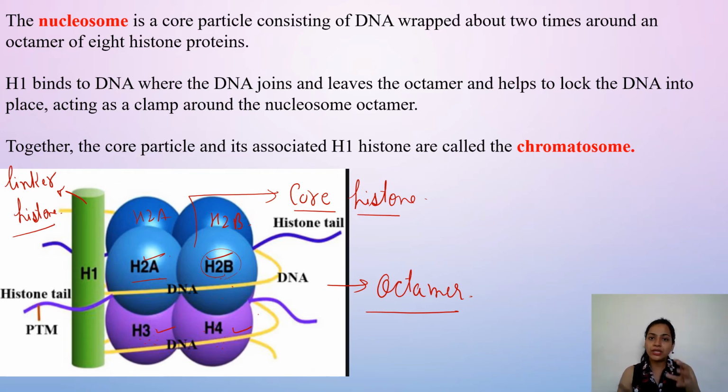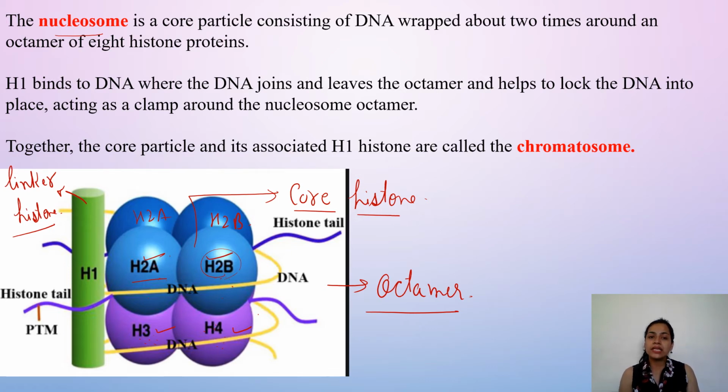So what happened during the packaging of the DNA? These 4 histones will form an octamer structure, and over this octamer structure you can see this yellow color DNA wraps around itself. That is what is mentioned here. Almost 2 times this wrapping goes, of the DNA around this histone octamer.